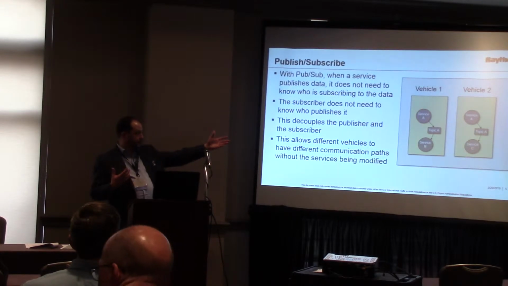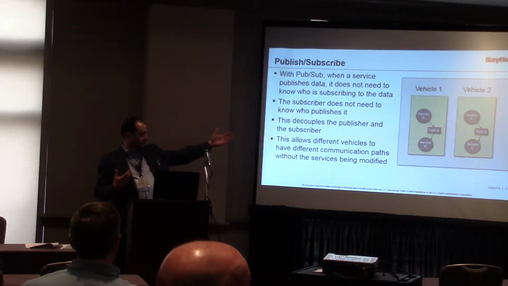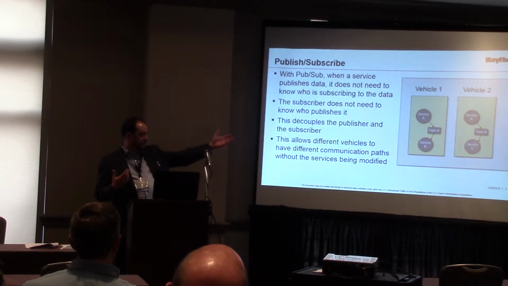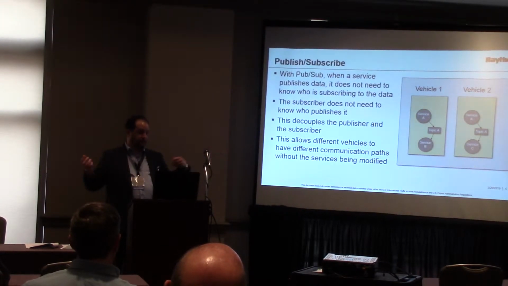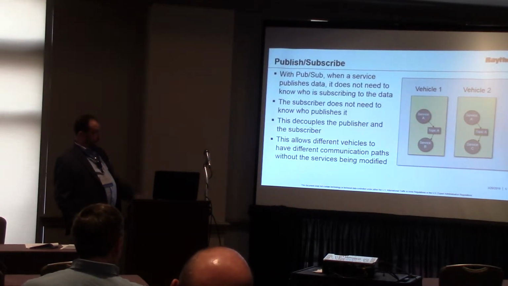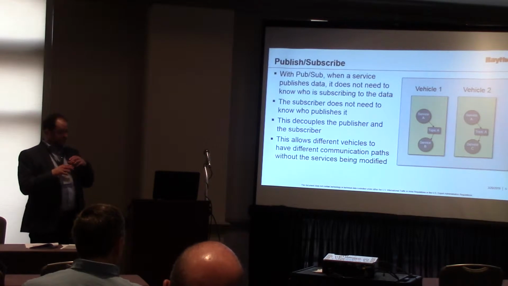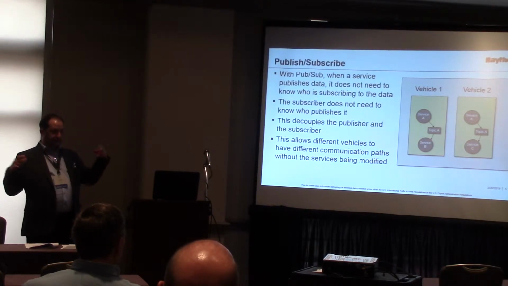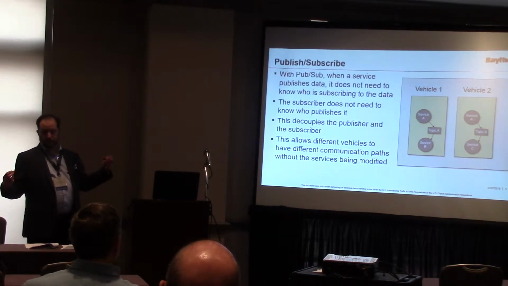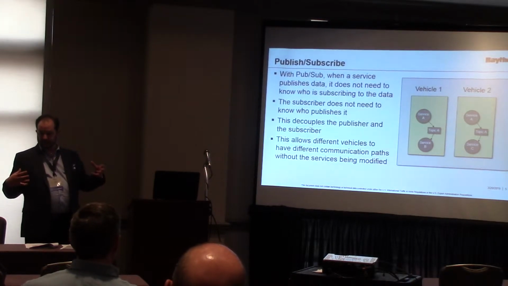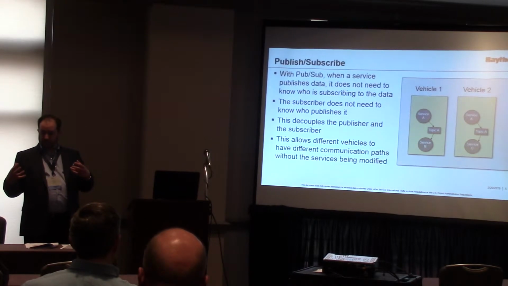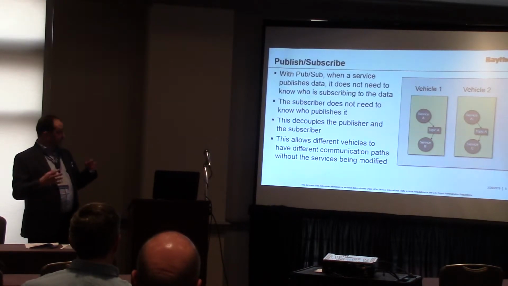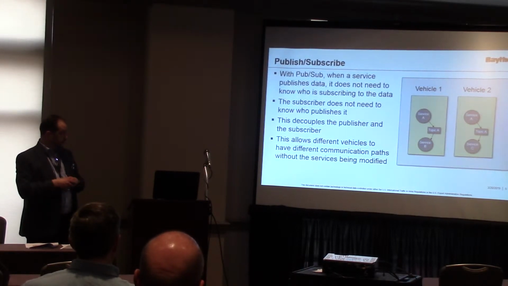It doesn't matter if one vehicle uses service A and B, they can still both be using the same topic, right? So B and C could be the same service, but different variants, or they could be different services. But again, because of the pub sub, we don't have fixed communications paths in the system. It makes it very easy to change the system. It makes it very easy to start different sets of services on the fly and have all of those things talk to each other.